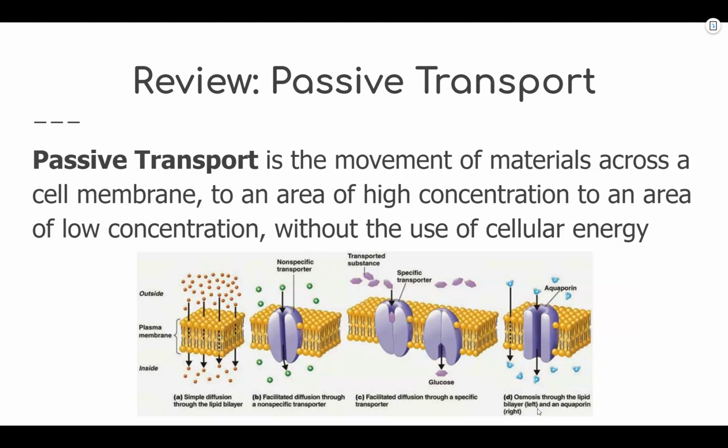This is what we've been doing our whole lab over, everything that we've talked about since we finished up membrane composition. Passive transport is the movement of materials across the cell membrane from an area of high concentration to an area of low concentration. I should say from.